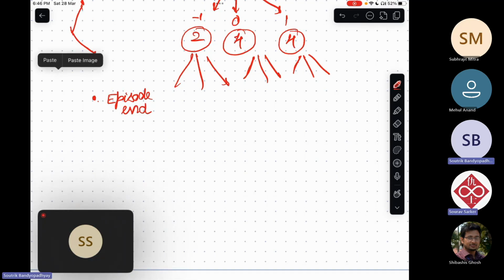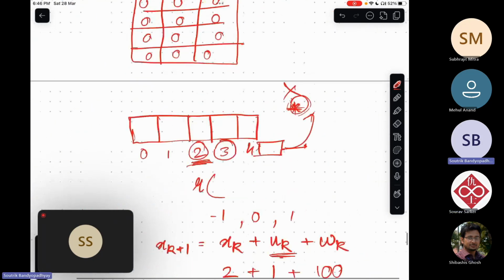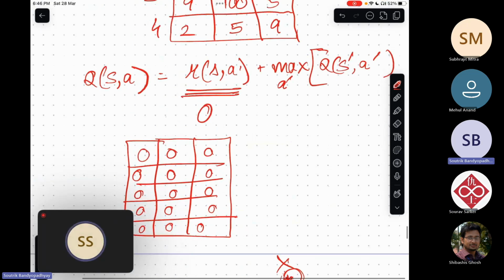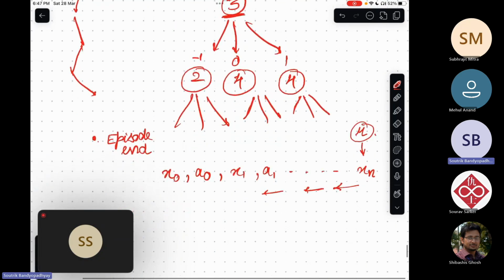Now you have this sequence of pairs x0, a0, x1, a1, and so on and so forth, till xn. So what you do is you observe this reward and you propagate backwards in time, and you fill up these tables. So you would have the final state. Let's say that state is 4, and correspondingly, you had observed that the reward is 500.